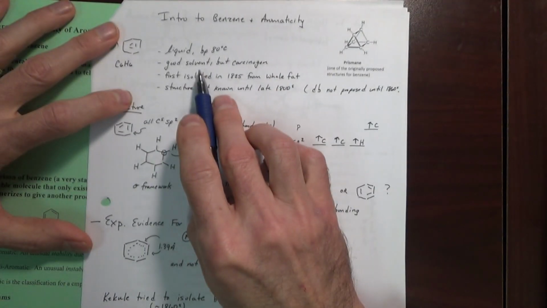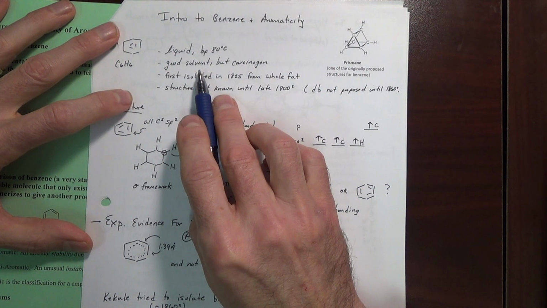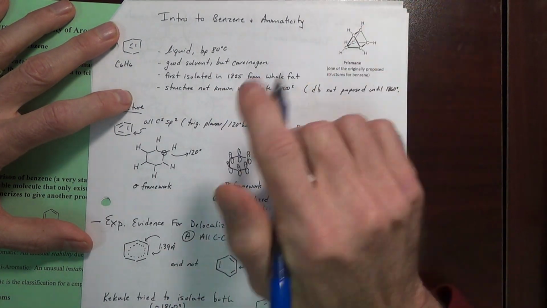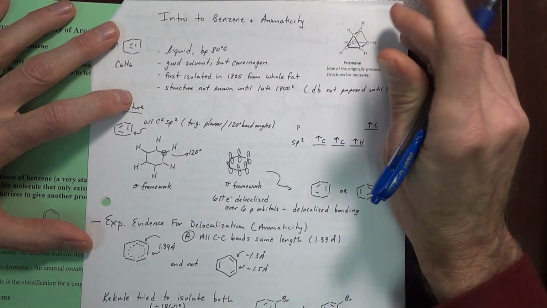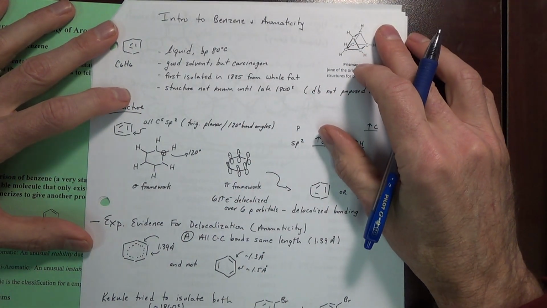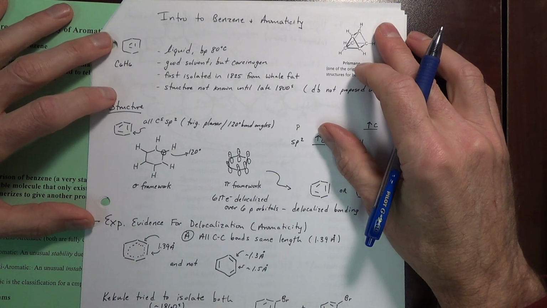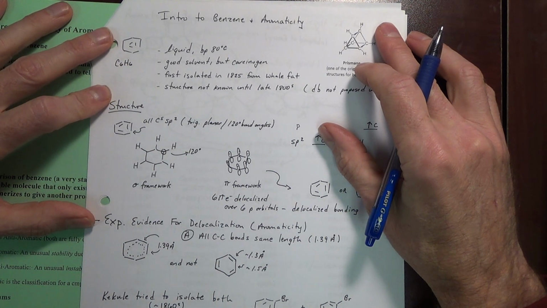It's actually a pretty good solvent, but you don't see it used much these days anymore because it is a carcinogen. It's known to cause cancer. Why? We may talk about that a little bit later.